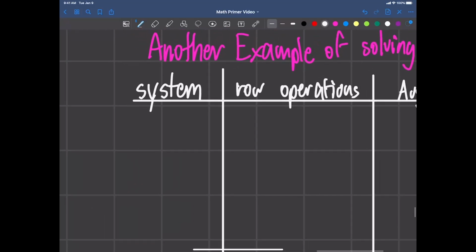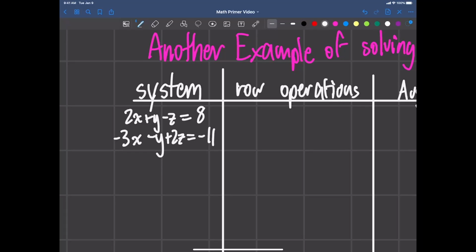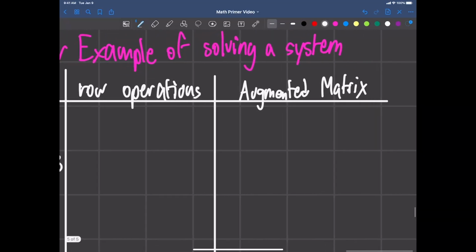So let's say the system of equations we have is 2x plus y minus z is equal to 8, minus 3x minus y plus 2z is equal to negative 11, negative 2x plus y plus 2z is equal to negative 3. And let's set up the matrix on this side.